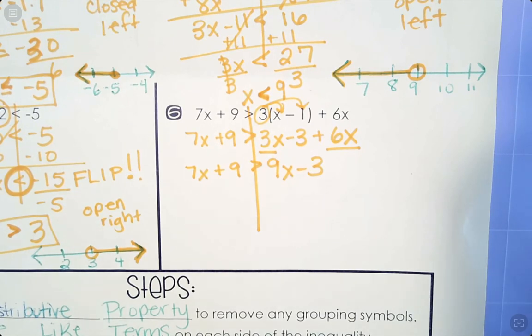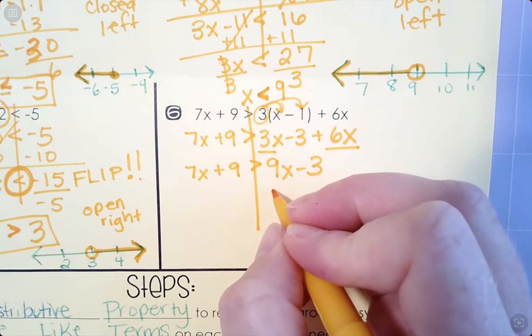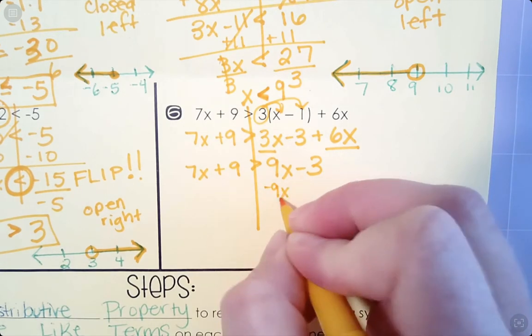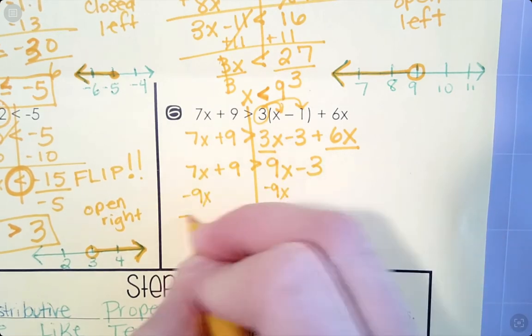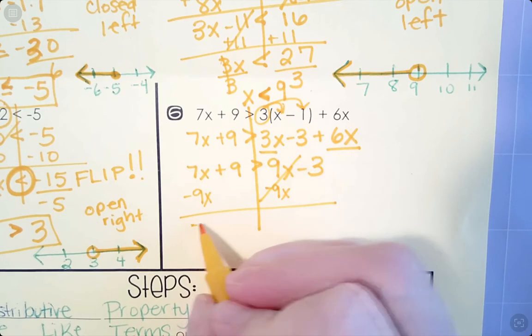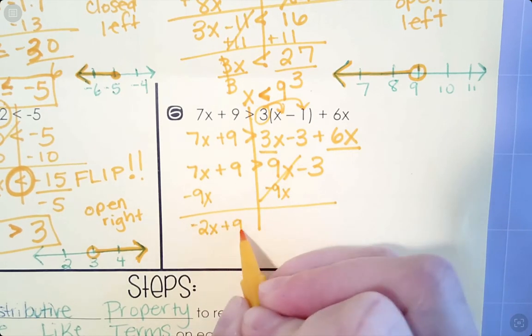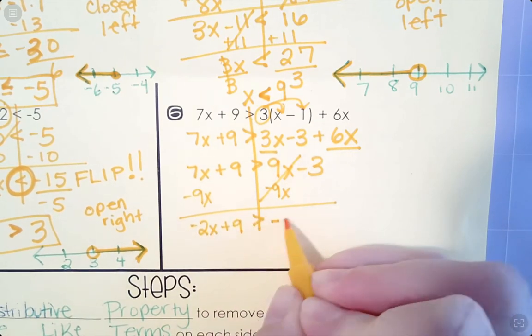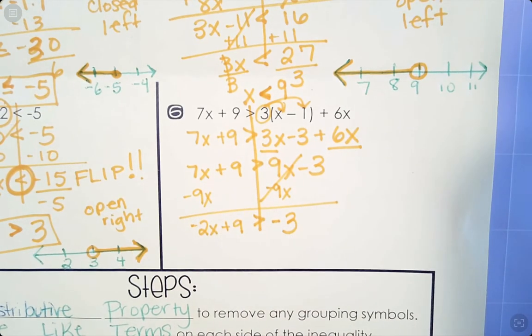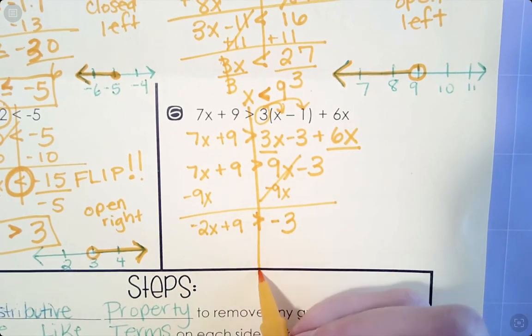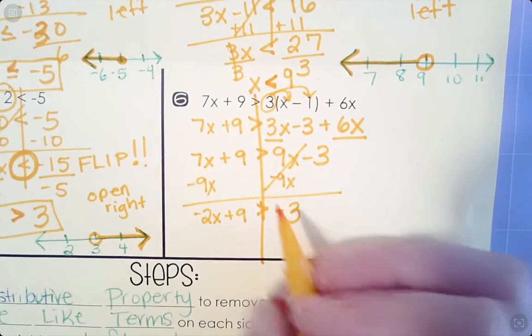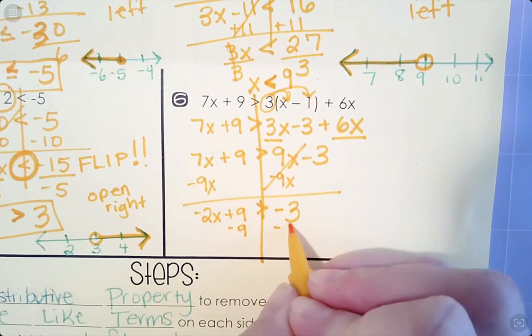Okay, let's move our x to the other side. We want it all on the left, so we're going to subtract 9x on both sides. So negative 2x plus 9 greater than negative 3. Still got to keep on going. We've got to get x all by itself, so we're going to subtract 9 on both sides.